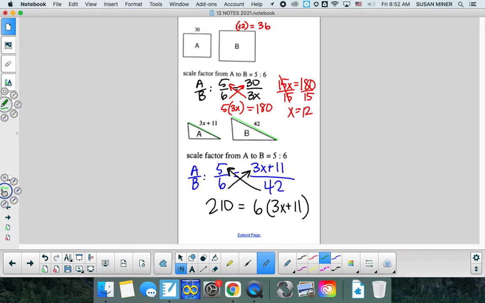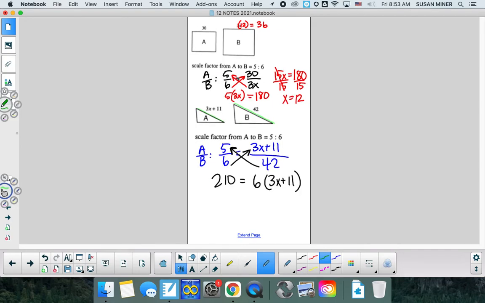I got to reach back in my memory bank, back to the olden days when we were doing equations at the beginning of the year. I have to remember that when I have a 6 and it's multiplying something that's being grouped together, and remember, whenever I create a fraction, this is a grouping symbol. These are being grouped together. They are one thing.